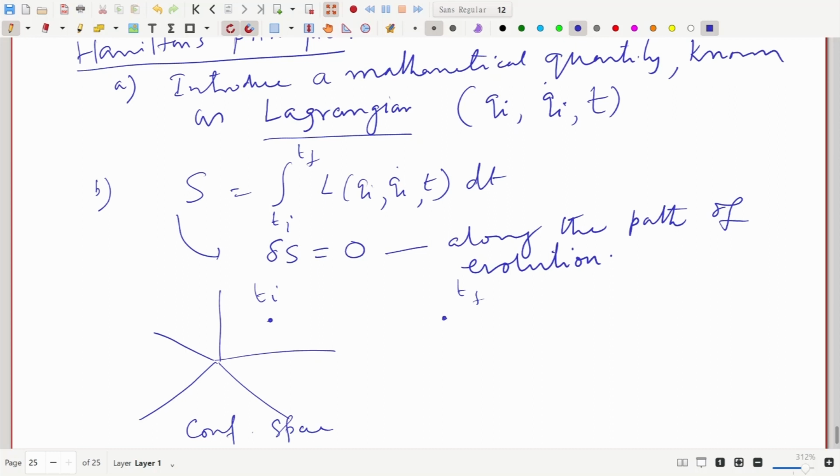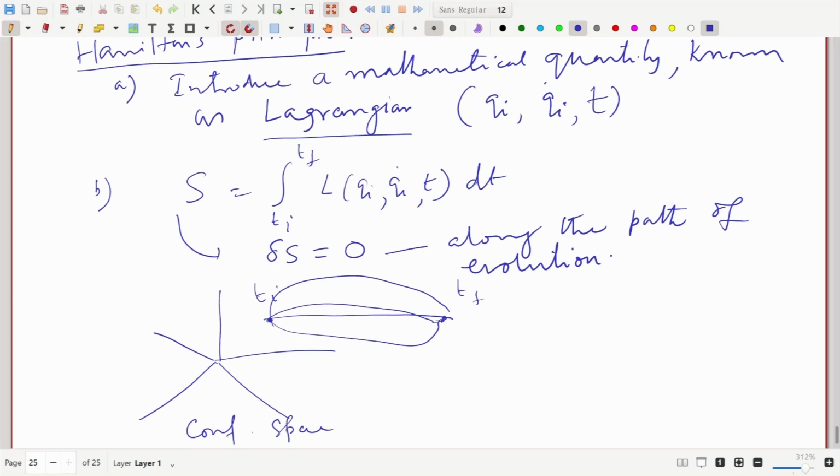These two points can be connected in infinitely many ways, and for each way you can calculate this quantity action, which is a line integral of the Lagrangian between the initial time and the final time, between the initial point and the final point.